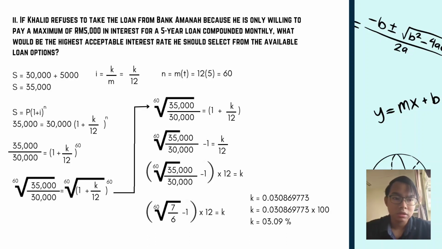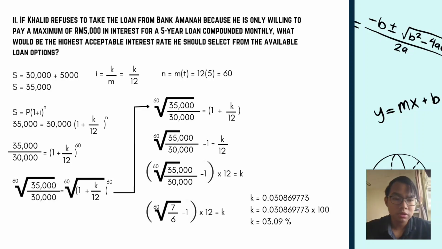S is 35,000, P is 30,000, I is K over 12 and N is 60. So we will bring 30,000 to the left side and it will become 35,000 divided by 30,000 equals bracket 1 plus K over 12 to the power of 60.